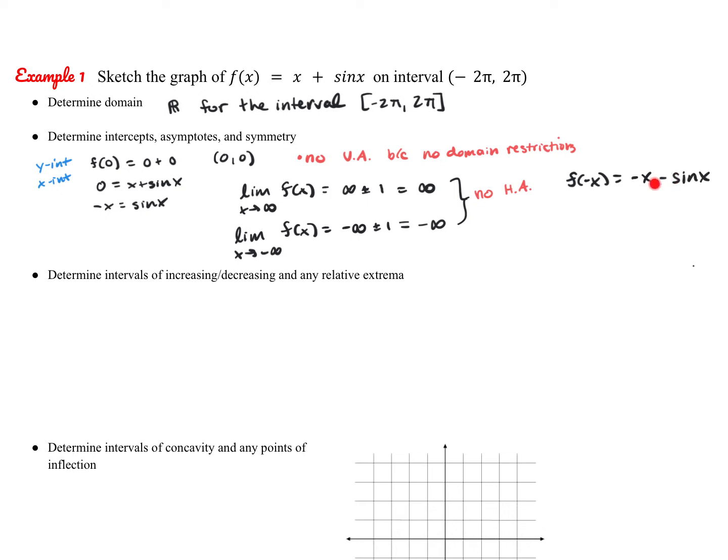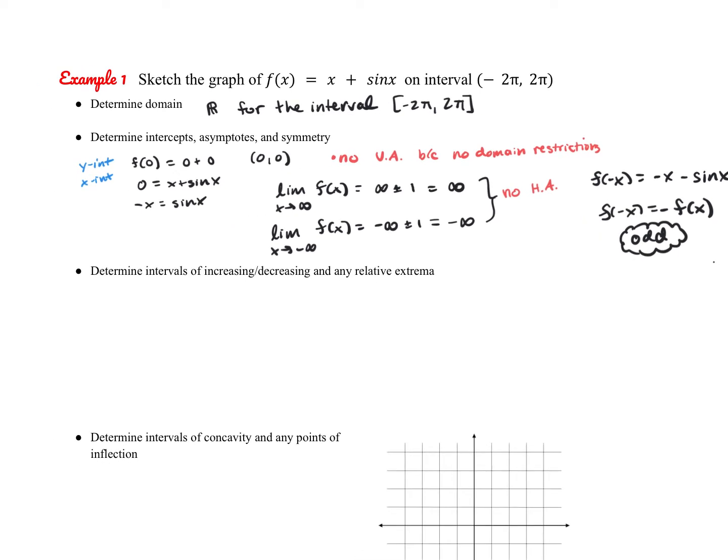If you plug in the negative version of x, you get the negative output. So our function ends up being completely opposite. Both parts of our function are opposite when we plug in the opposite x value. So that's telling us that f of negative x equals negative f of x, which is the definition of an odd function.